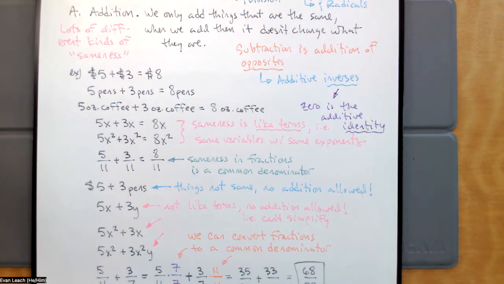Adding 0 does nothing. And an inverse is what you include under that operation to get to the identity. So 5 has an additive inverse of -5 because 5 plus -5 gives us 0, the additive identity.